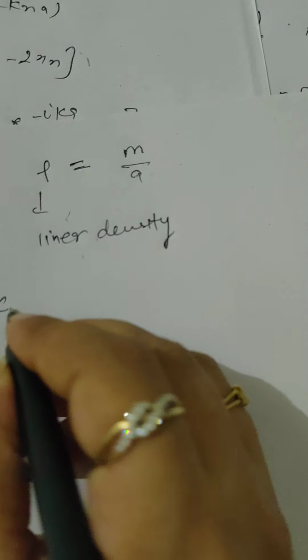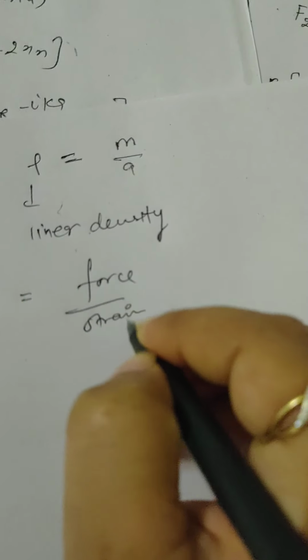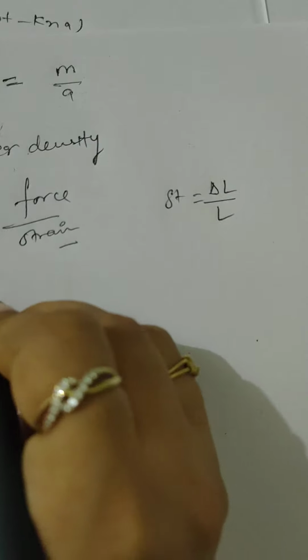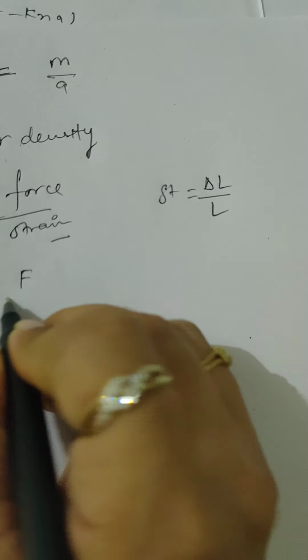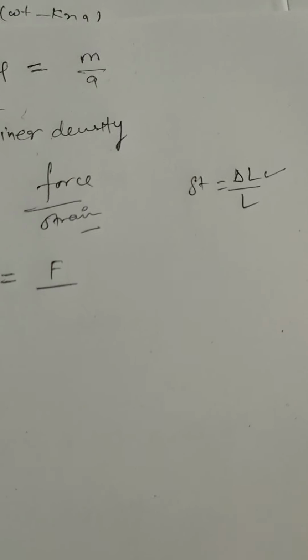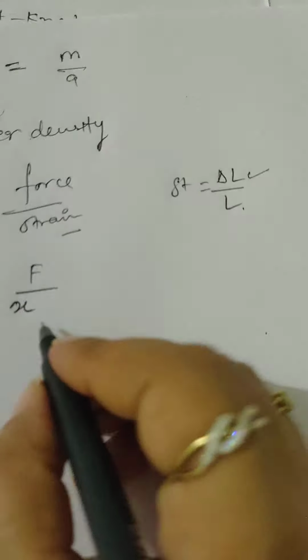So C is equal to force by strain, and strain, as you know very well, is equal to change in length divided by original length. So C is equal to F divided by this change in length, that was the displacement x with which the atom was displaced, and the original length is a.